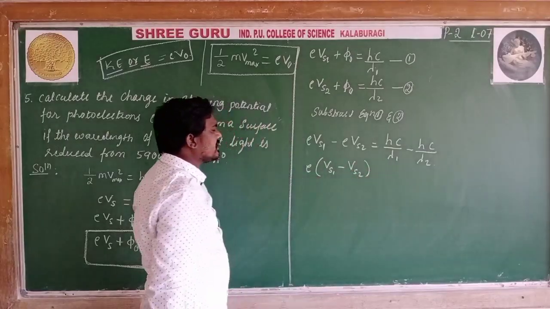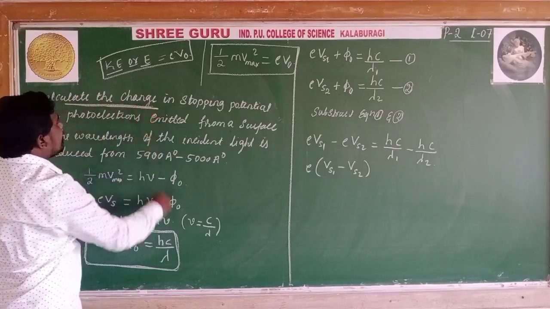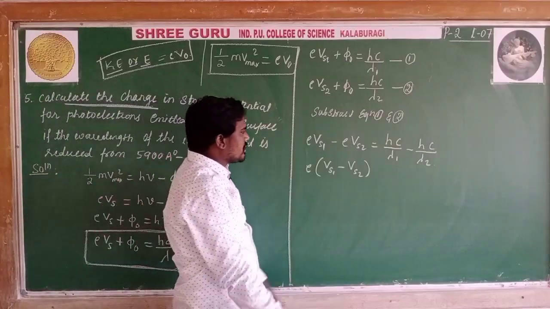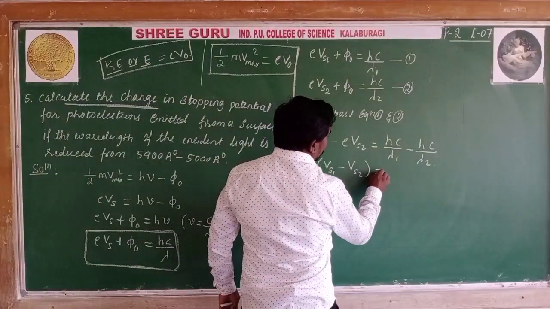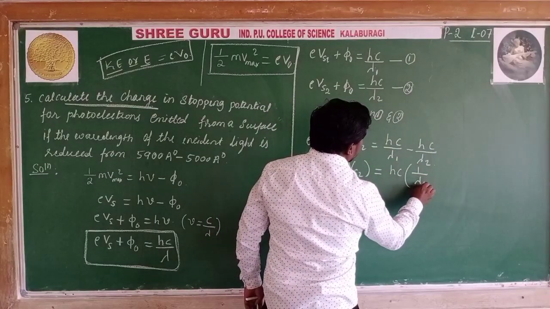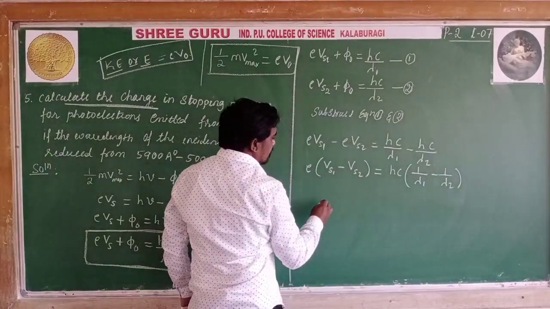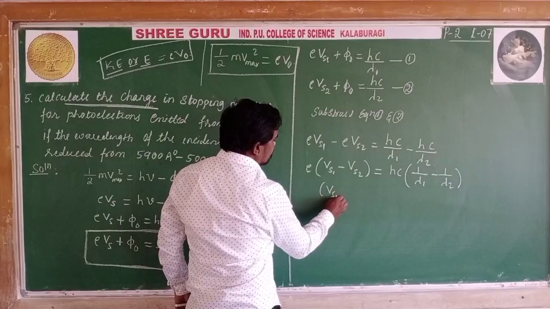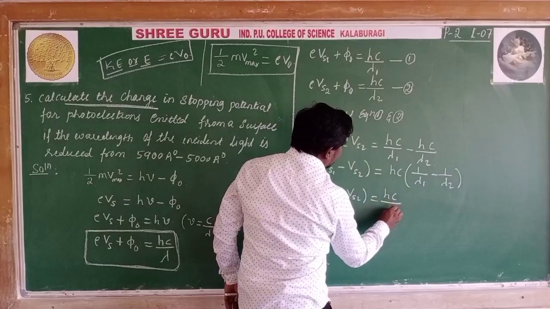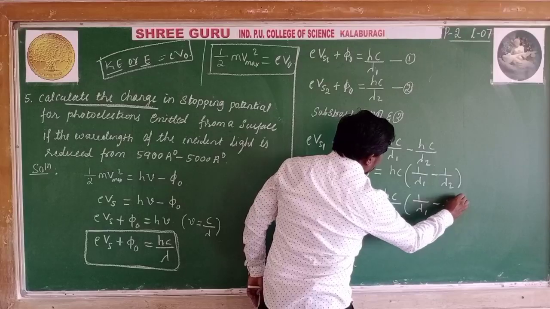We write it in the form of a difference because we should calculate the change. The change in stopping potential is equal to h c times 1 by lambda 1 minus 1 by lambda 2. Taking e to the other side, Vs1 minus Vs2 equals h c by e into 1 by lambda 1 minus 1 by lambda 2.